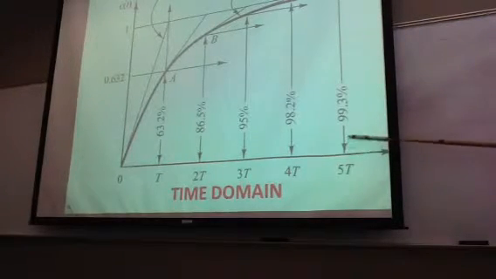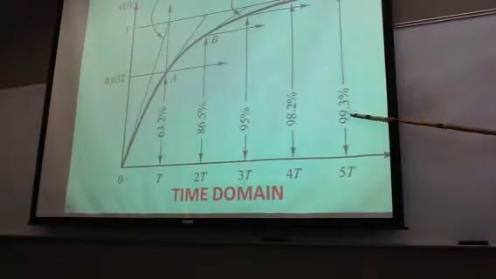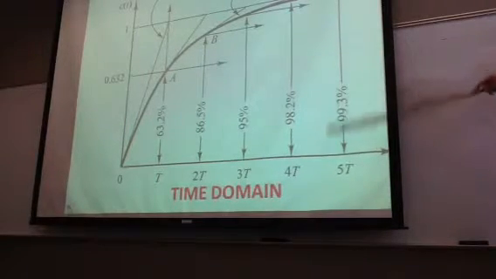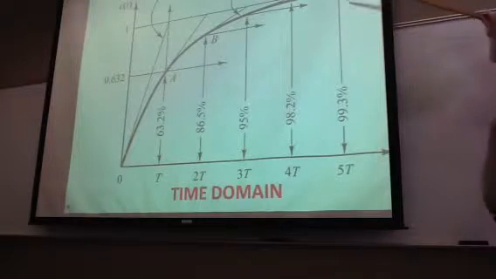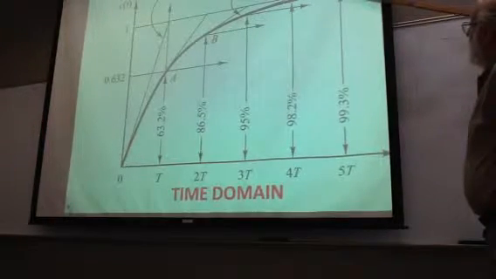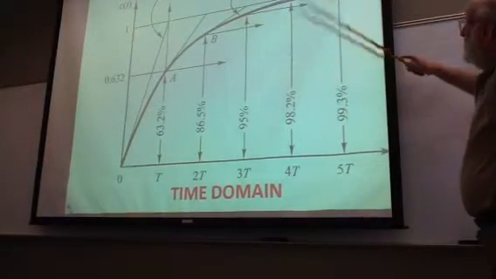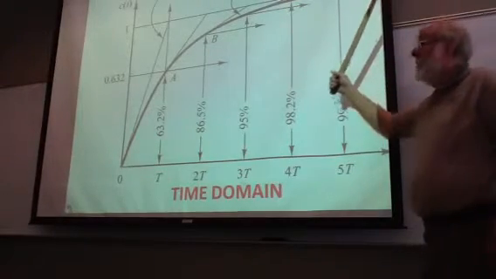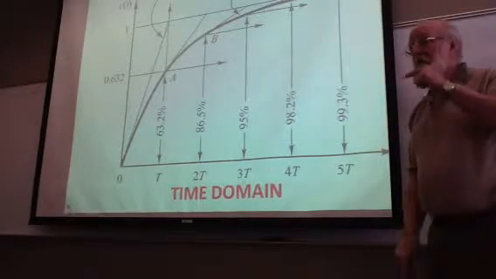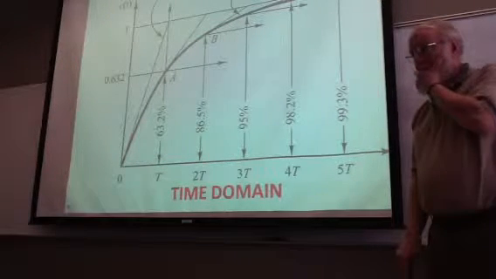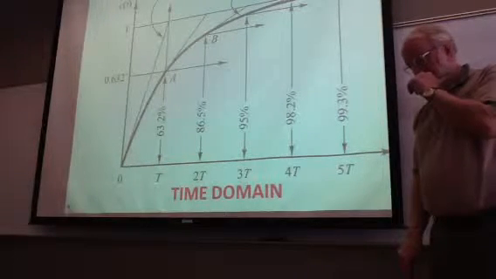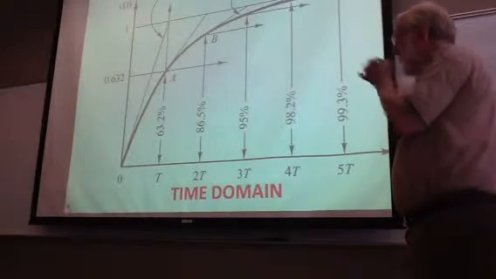After 5 time constants, it's so close to 100% that we call that 5 time constants. It gets to 100%. Some people say 6, but I don't care. Time constant, by the way, little t, is one of the things that we're going to be learning this week in your experiment. There's 3 things you're going to be learning.